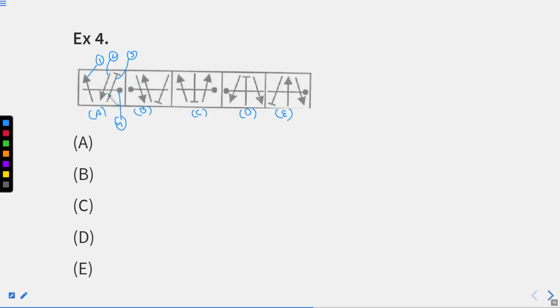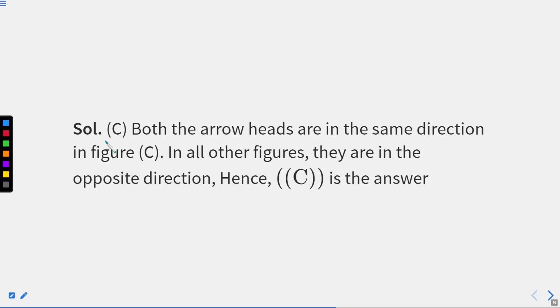We know that both the arrows are in opposite directions, here as well, here as well, here as well, here as well. So in option C, we can figure out both the arrows are in the same direction. Here you can see as well, in the solution part, both the arrows are headed in the same direction in figure number C. In all other figures, they are in the opposite direction.